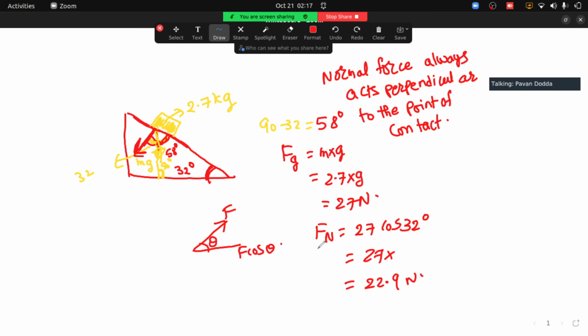In this case, we get the normal force as 27 cos theta, where 32 is our inclination. As the value of theta increases, the cos theta value decreases, so the normal force would decrease. So this part is also clear, I guess.